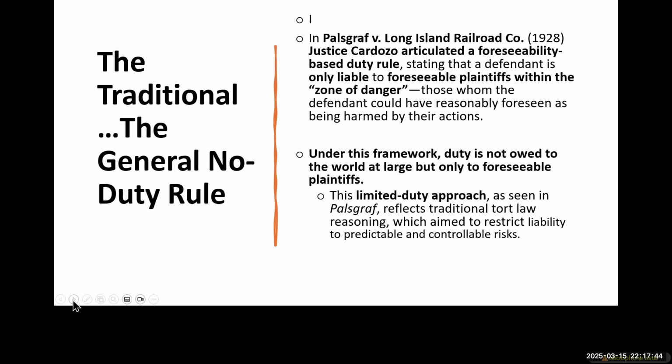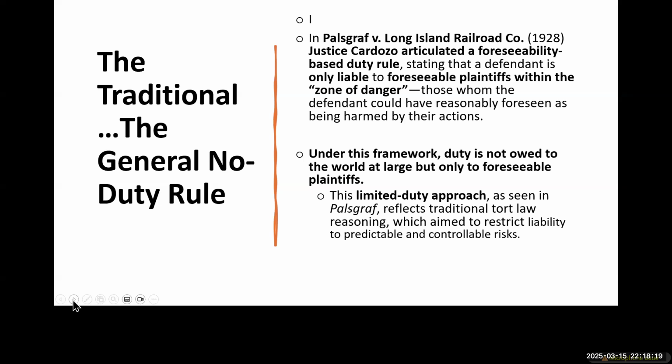If you remember, that foreseeability-based duty rule was actually introduced in a products liability case more than 10 years before Palsgraf. Remember, that's McPherson versus Buick. But now we are in 1928, and we now have negligence on the scene.